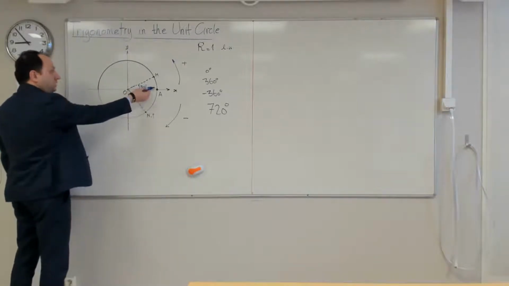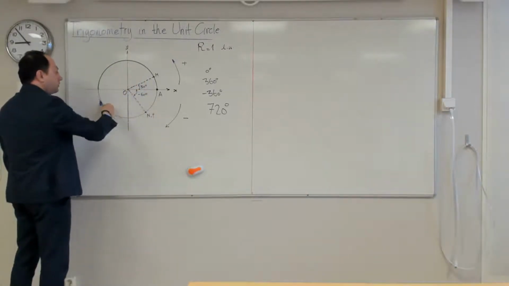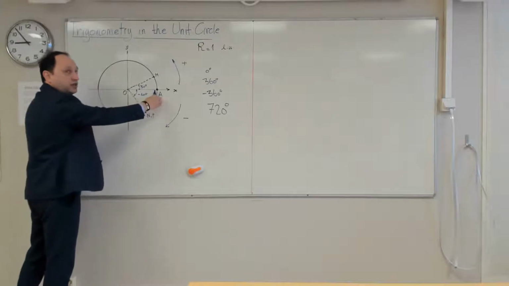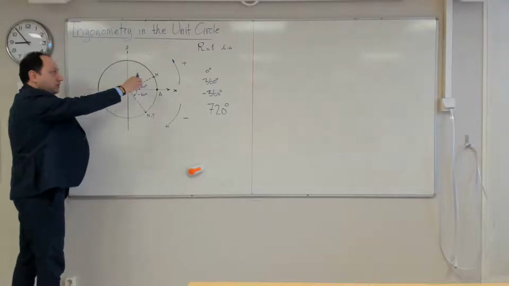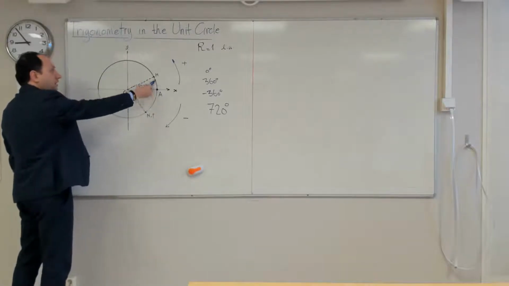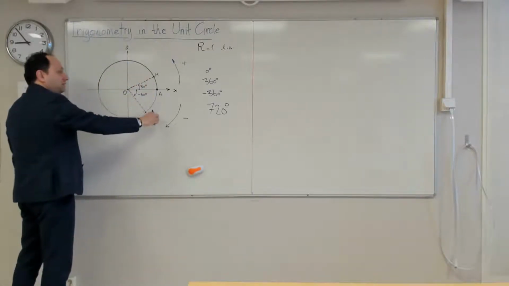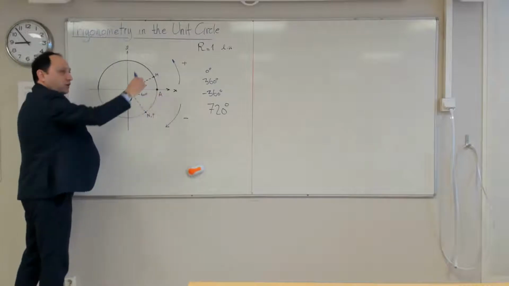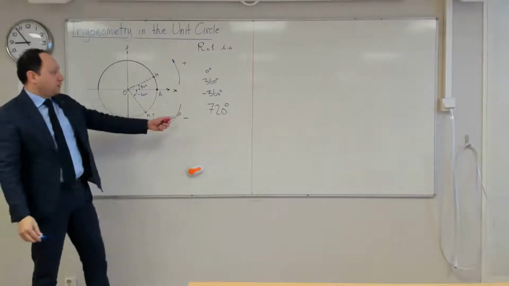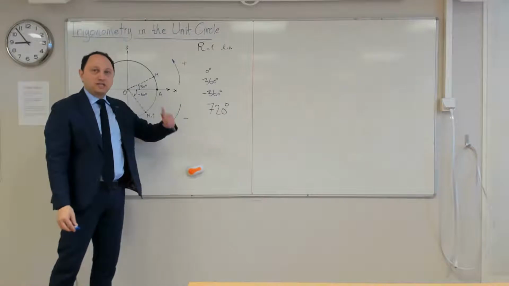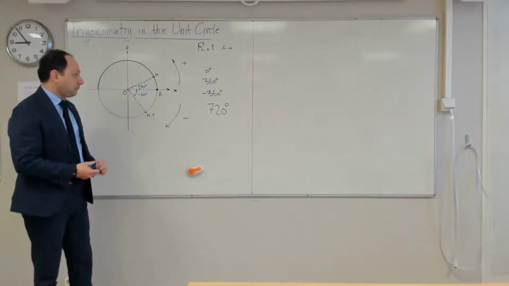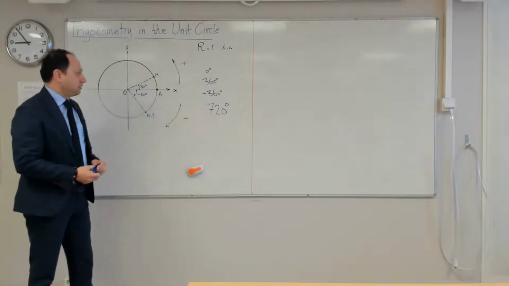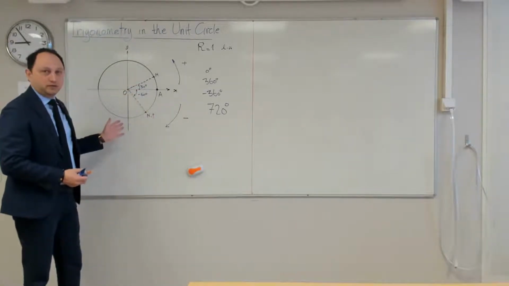So if I start from here, I go one full round, it is up to here, it is 360 degrees yet. So it means that I need to continue to traverse this circle. If I go more, I will get another 360 degrees and I will end there. So you see, when I talk about 720 degrees, it is also imaginable. So angles greater than 360 degrees are imaginable in this way, okay?